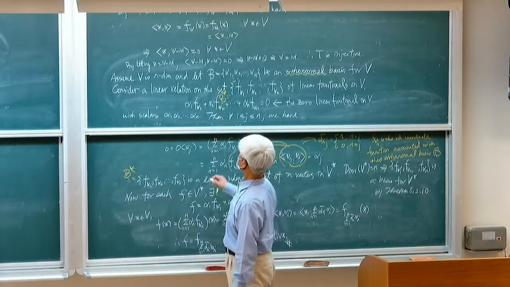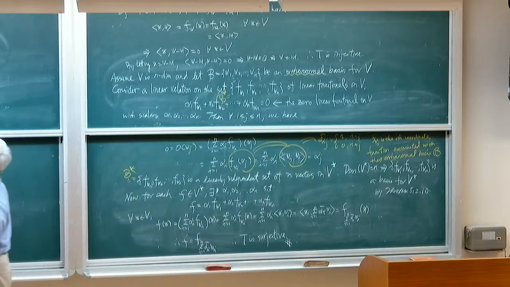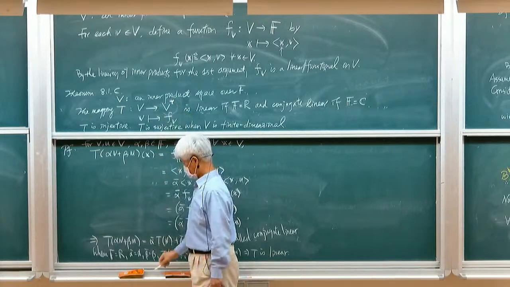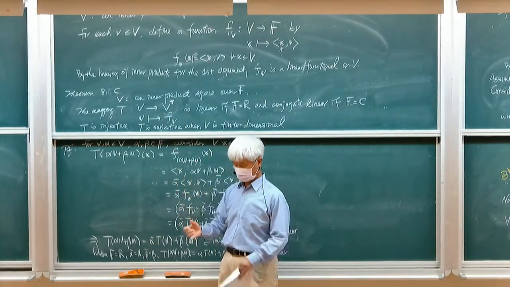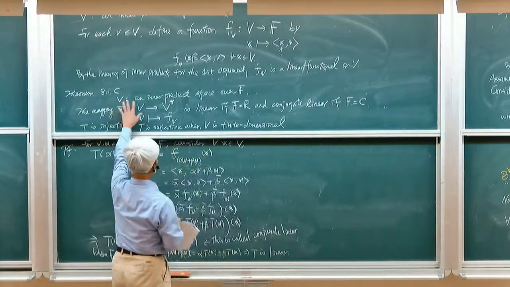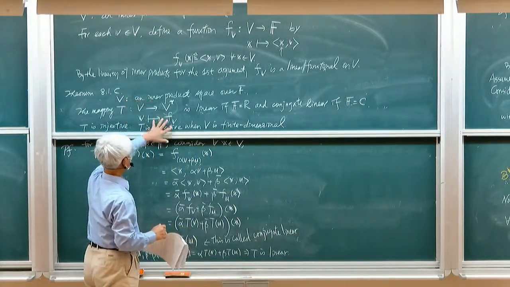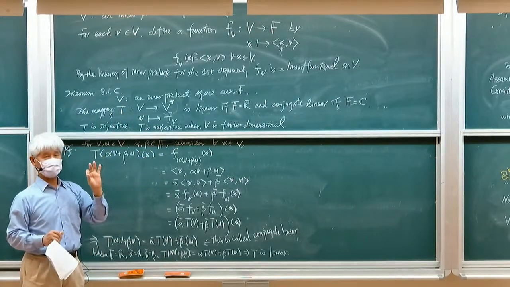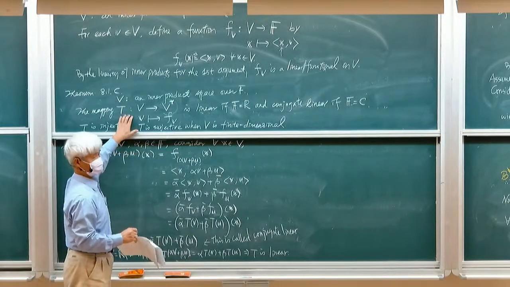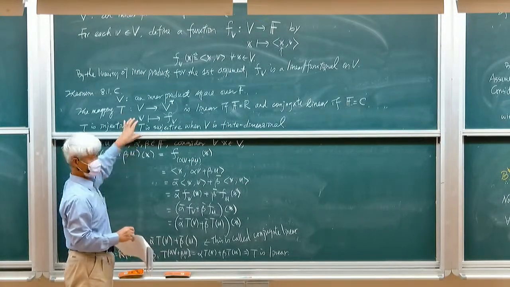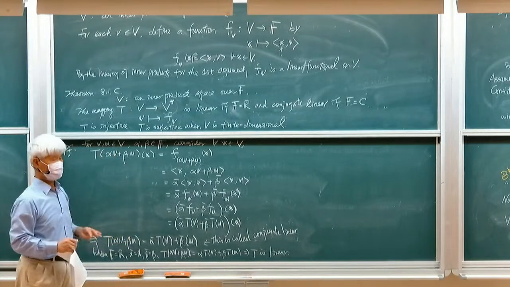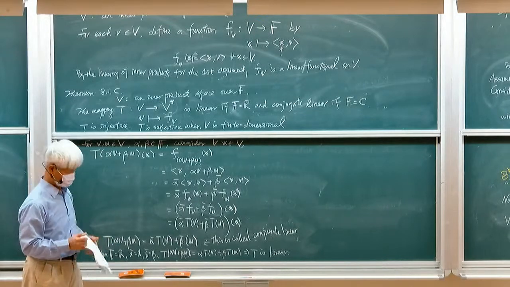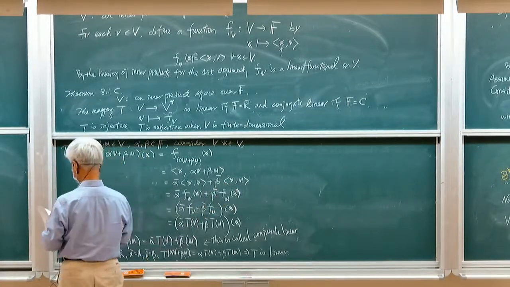So the mapping T is one-to-one and onto. So it's a bijective mapping. In the real case, it is a linear isomorphism. In the complex case, it's a so-called conjugate linear isomorphism.